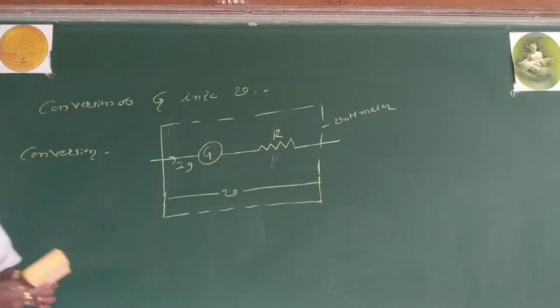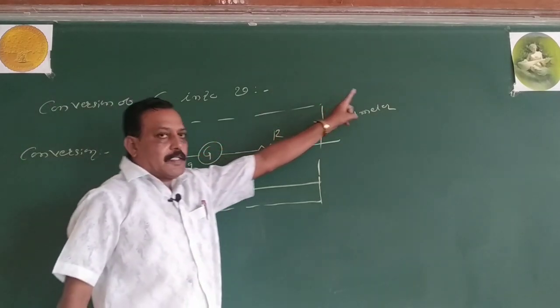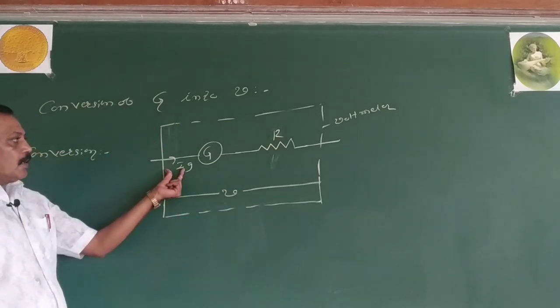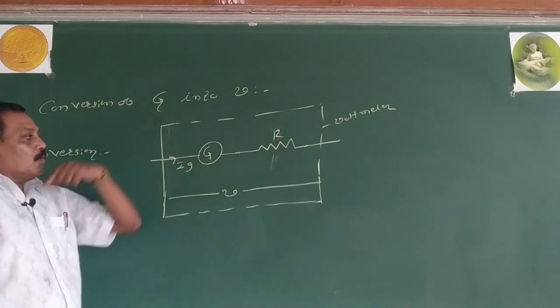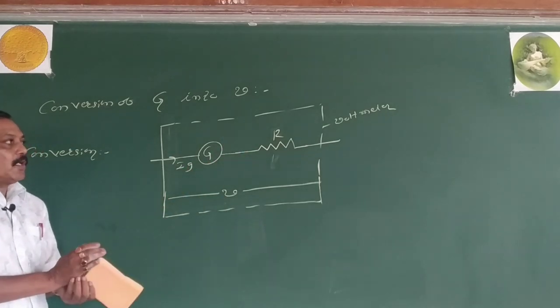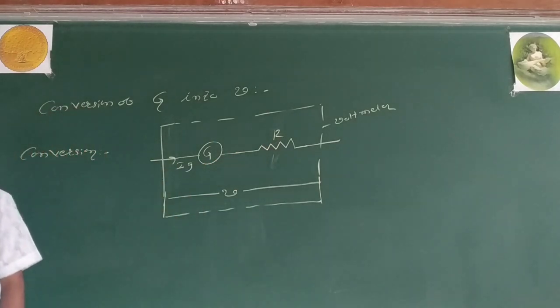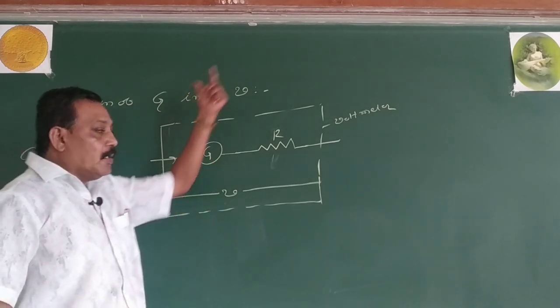By connecting a high resistance in series with the galvanometer, the combination acts as a voltmeter. Let Ig be the current through the device and V the potential difference across the voltmeter. Then I want to calculate the value of the high resistance. How much high resistance is connected so that the galvanometer is converted into a voltmeter?